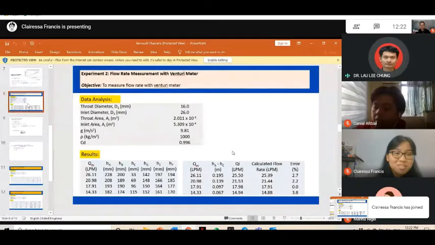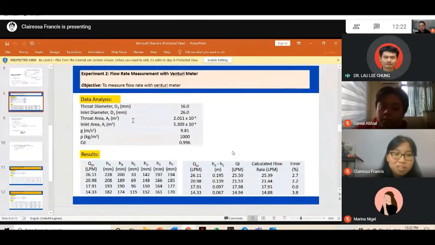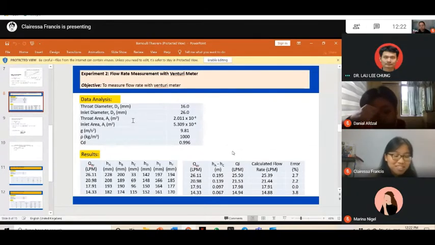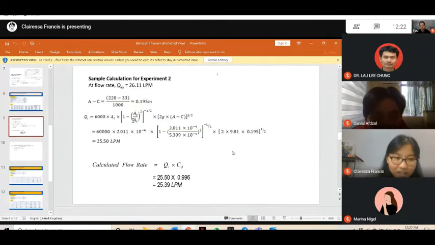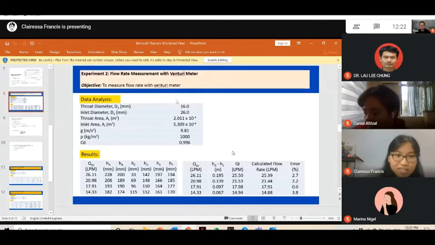No need to tell me the numbers, and then start from the objective. Start from the objective of experiment 2.